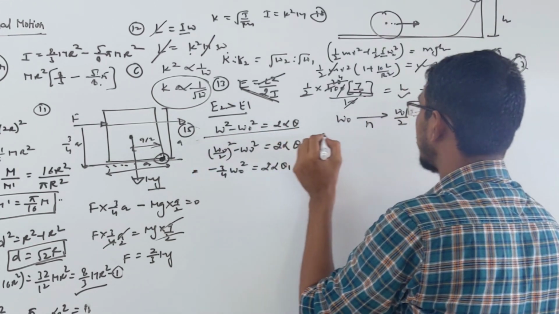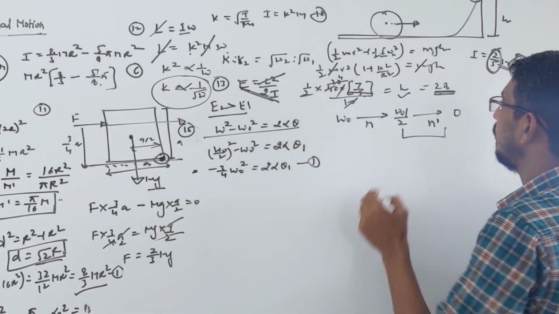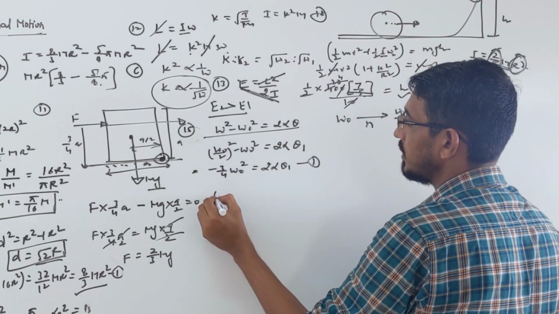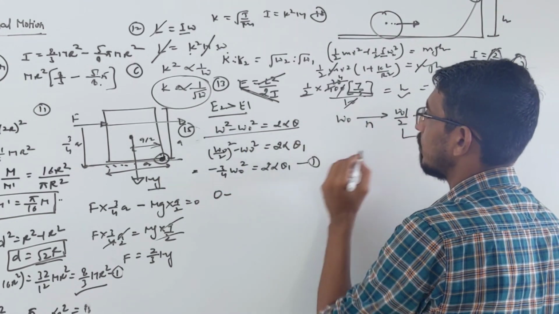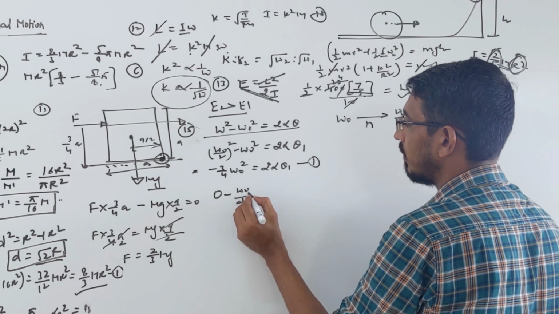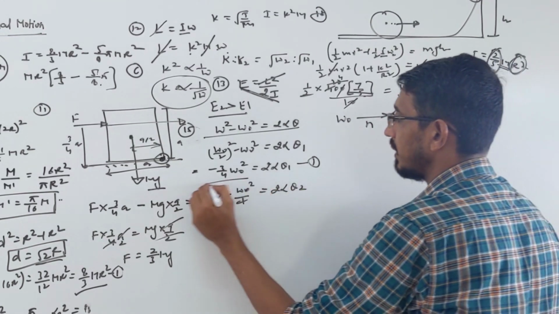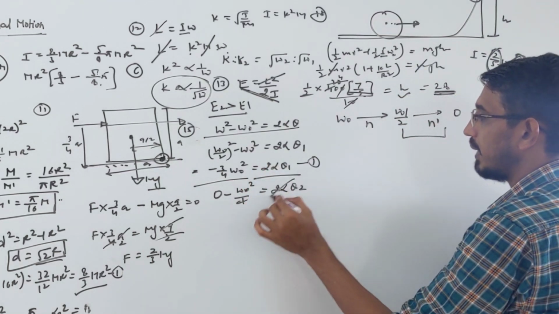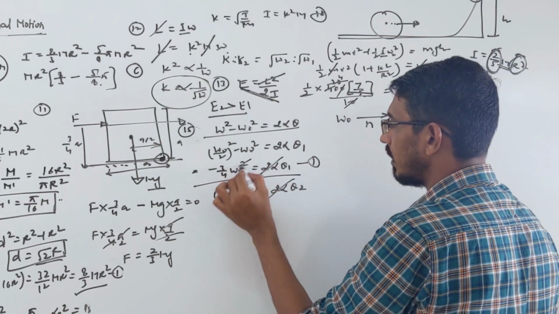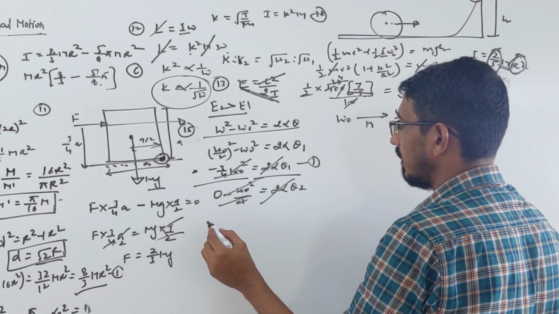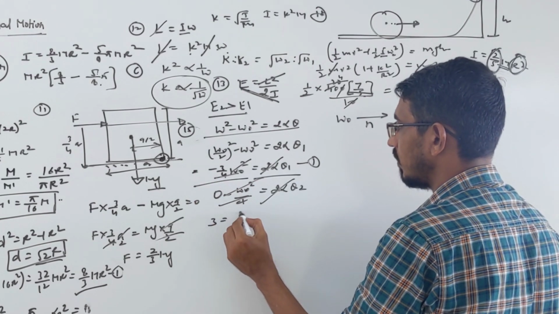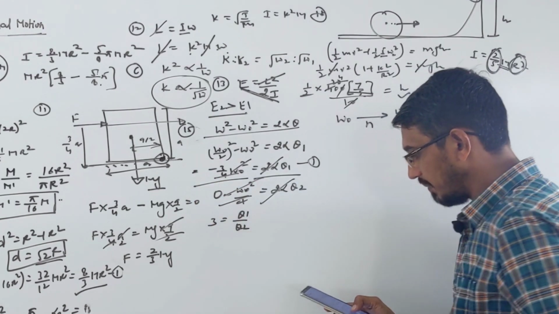Now let's write the same equation right from here to here. So final velocity comes 0, I am writing here 0. Initial velocity is omega naught by 2, and square is equal to 2 alpha theta 2. Let's divide these two equations, that's all, okay. When you divide them, you will see these all get cancelled, we get 3 is equal to theta 1 by theta 2, and something is given.